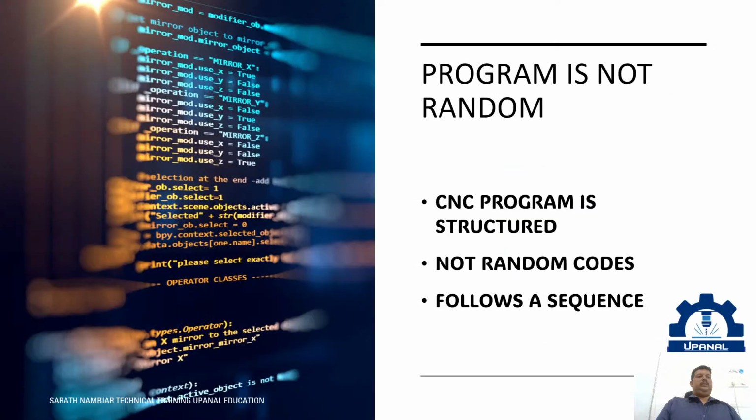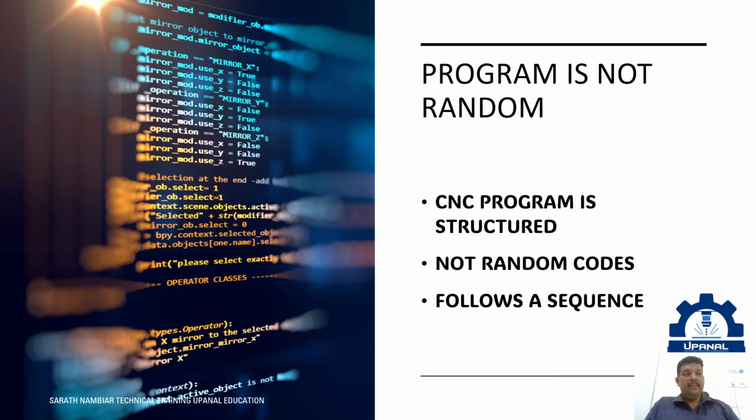Before we start breaking the program, I want to clear up one important misconception many beginners have. Many beginners think a CNC program is just some random codes written together. But that is not true. CNC programs are highly structured.